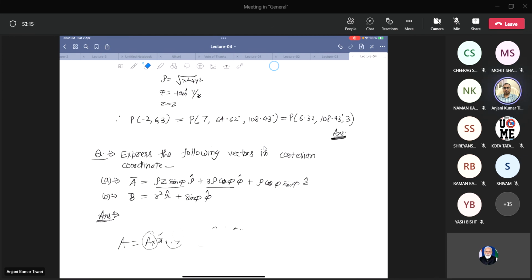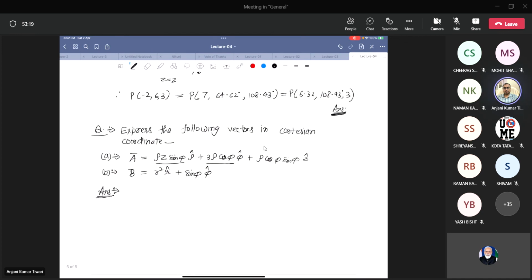So please do this. This is a homework problem. Let me write down the final answer of this. A will be 1 over square root of x square plus y square, times xyz minus 3xy x cap plus zy square plus 3x square y cap plus xy z cap.